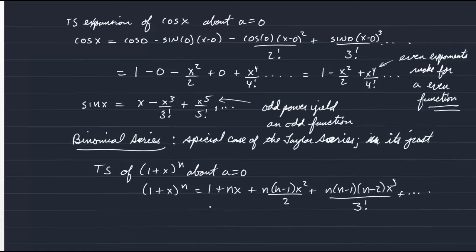So if x is very close to a, we could approximate it as 1 plus n times x, and manipulating our problem with a linear function is oftentimes easier than manipulating our problem involving the full function. So it's valuable when, in this case, x is very small.